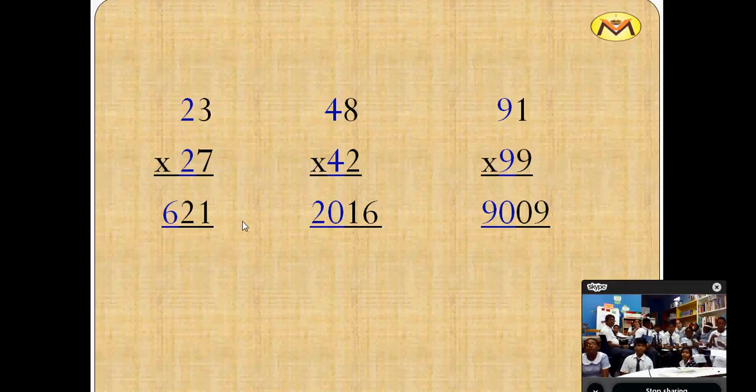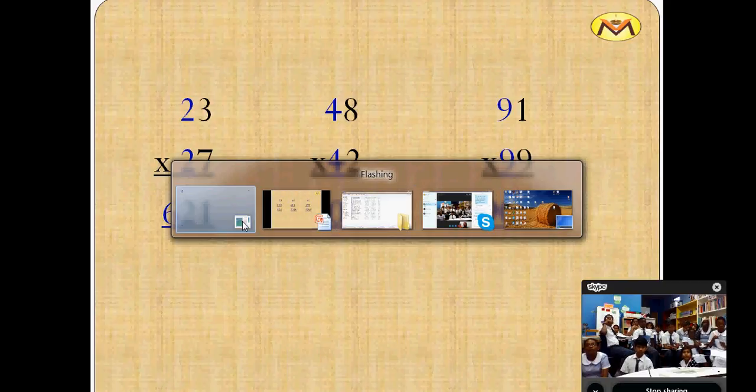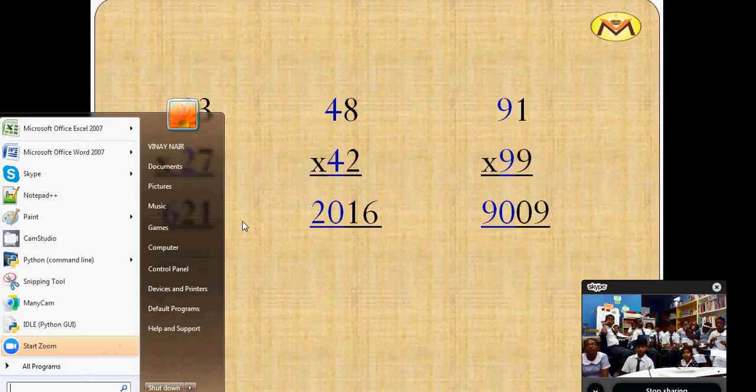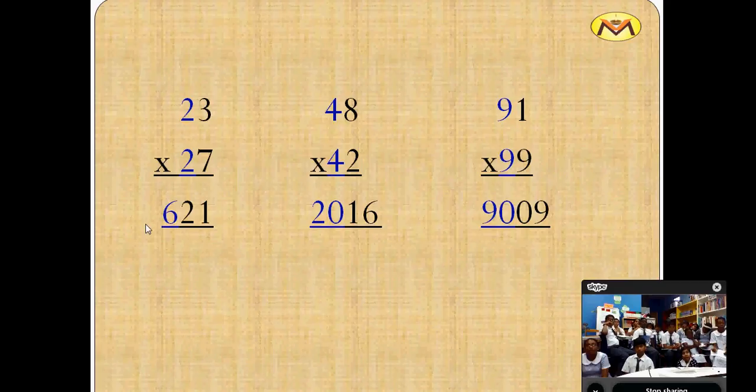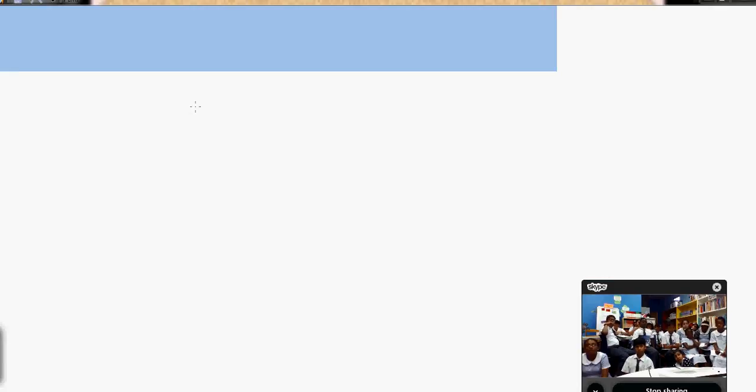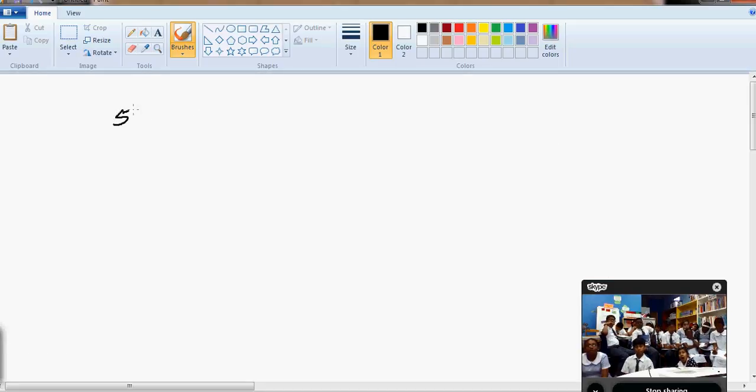So let's say that I give you a question. Let me just write down a problem for you. So let's say that we have 58 times 52. So initially you saw two patterns.